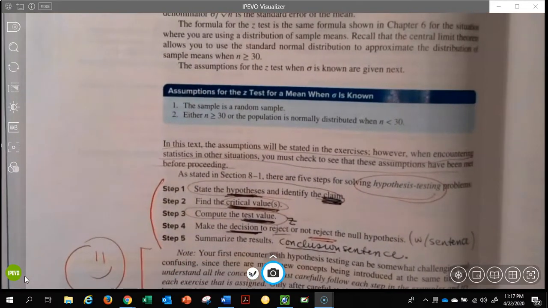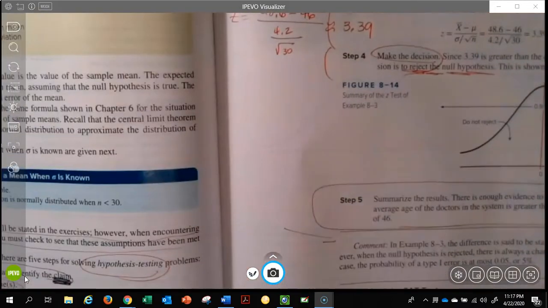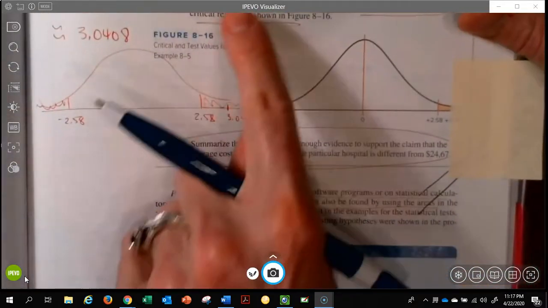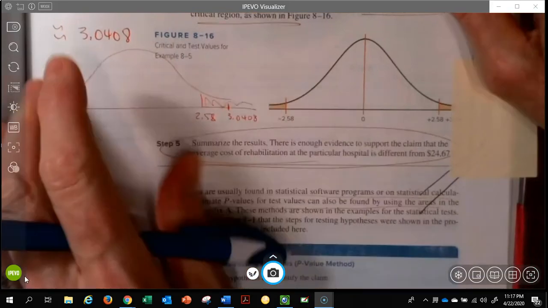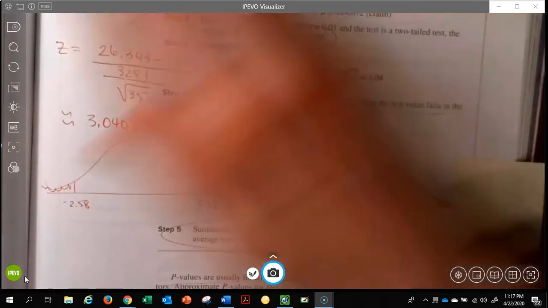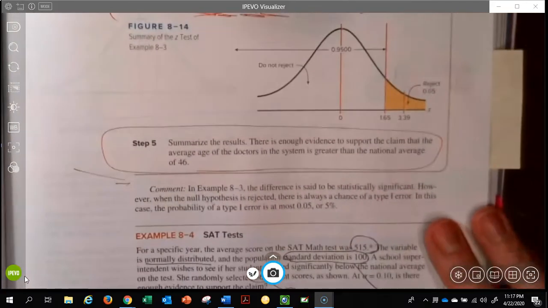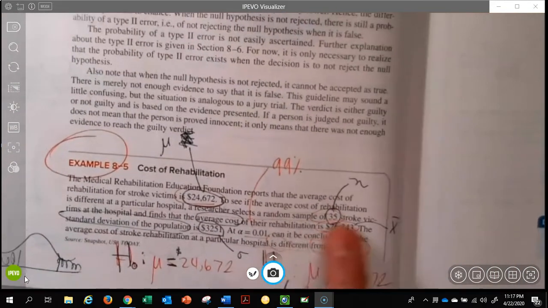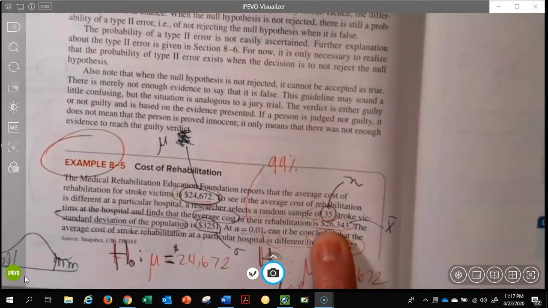Test value is Z. So to go find Z, I've got to pull some pieces and parts out of this problem. I need to go back to that X bar. X bar is down here, where they are saying they think this hospital is 26343.